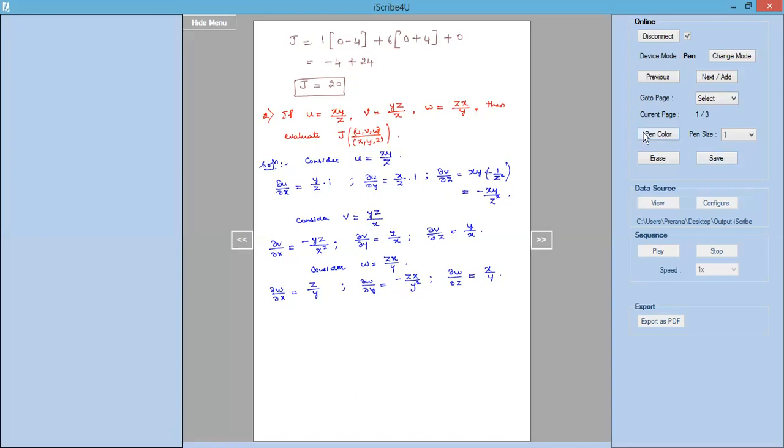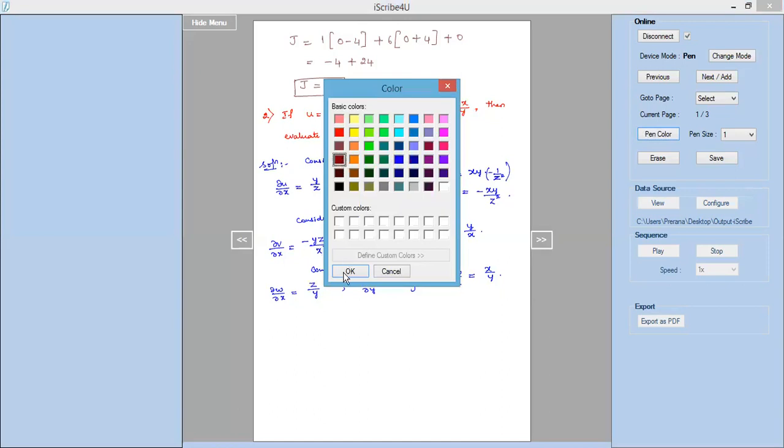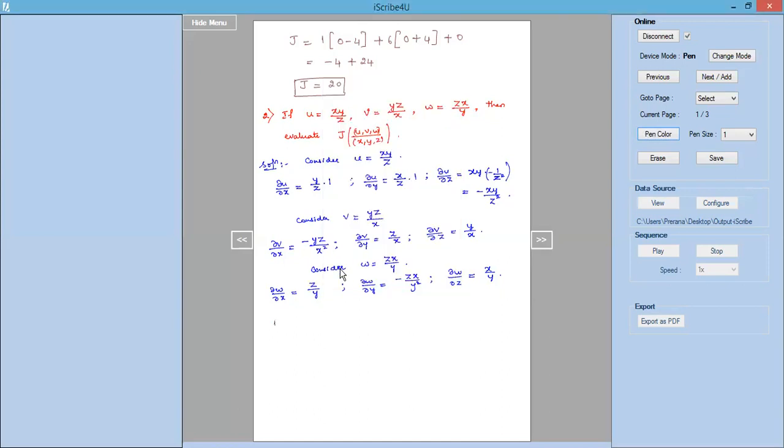So with all these partial derivatives, we are going to substitute in the Jacobian formula. So Jacobian J is equal to dou of UVW with respect to XYZ. And this is a 3 cross 3 determinant. We'll write down the formula first. Dou U by dou X, dou U by dou Y, dou U by dou Z, dou V by dou X, dou V by dou Y, dou V by dou Z. And the third row, dou W by dou X, dou W by dou Y, dou W by dou Z, under a 3 cross 3 determinant.